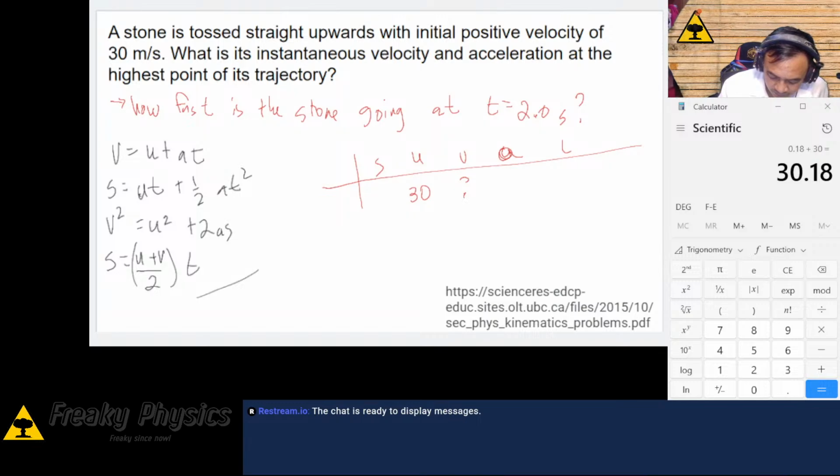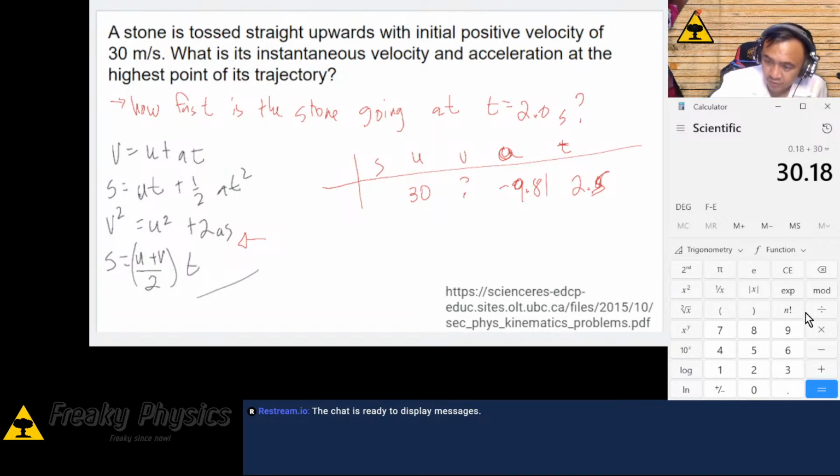v equals u plus at. So what's our a? Negative 9.81. And the time is 2 seconds. Yes. So we're going to have to use v squared equals u squared plus 2as. I got 49.62.